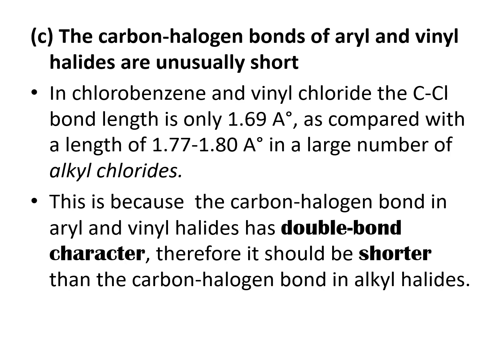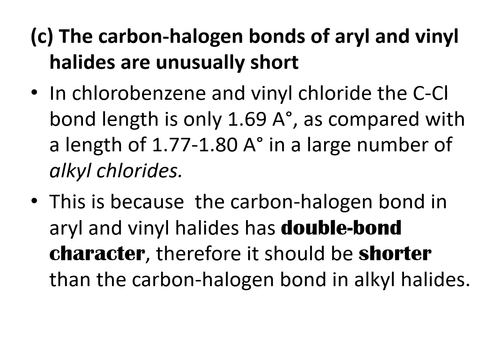The third point says about the bond length. The carbon halogen bonds of aryl and vinyl halides are unusually short. In chlorobenzene and vinyl chloride, the carbon chlorine bond length is only 1.69 angstrom, and in alkyl halides it is 1.77 to 1.80 angstrom.